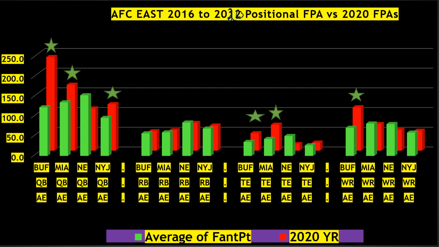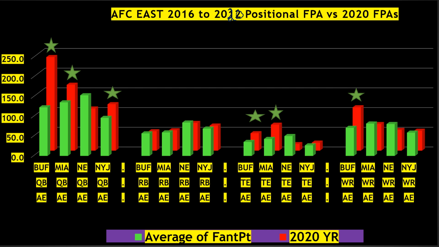So I think it's pretty clear that the quarterbacks for this conference, with the exception of New England, have been getting better versus their 5-year average, and Buffalo really jumped up. And you can see the red line there. That's the red column versus the green. So the 5-year average in green versus the red last year.